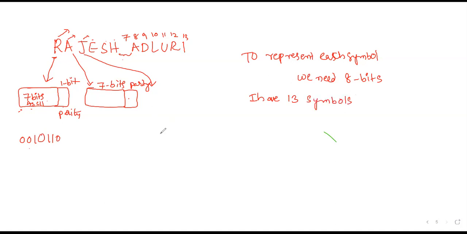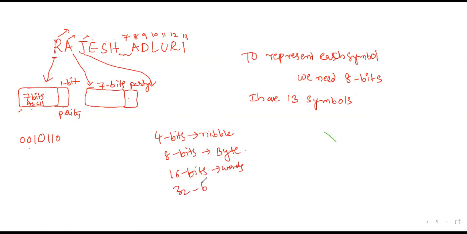Okay, I already told you 4 bits is known as a nibble, 8 bits as a byte, 16 bits as a word, and 32 bits as a double word. Okay, already I explained this. So here each symbol is taking 1 byte.